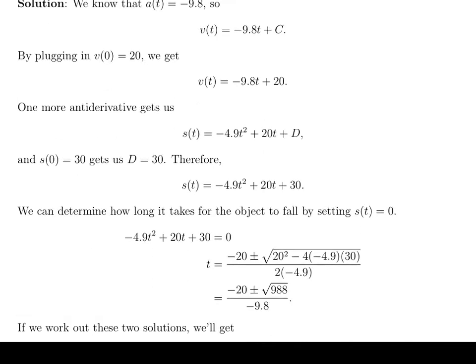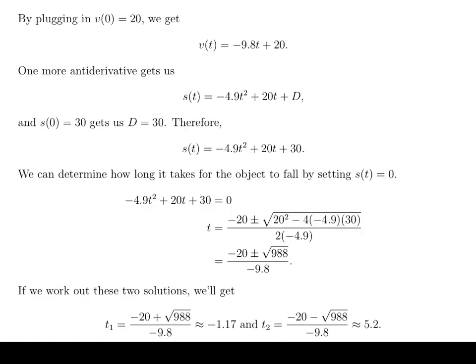Okay, so let's work out these two solutions. Our first solution ends up being about negative 1.17. The other one is about 5.2. Now we can throw this one out. It doesn't make any sense to talk about negative time. We're not going to go backwards in time. So really, this is the solution that we want.